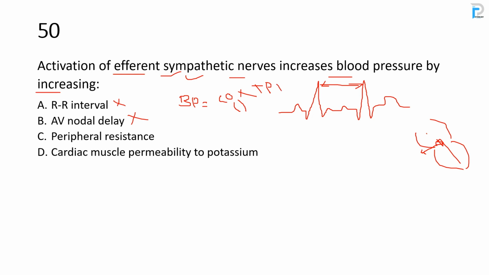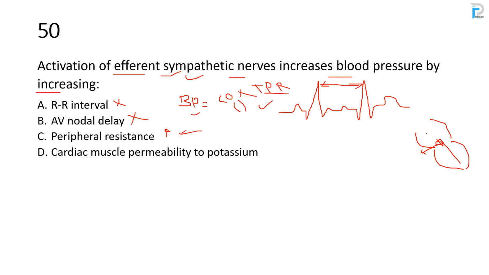Total peripheral resistance changes based on the diameter of the blood vessels. If there is vasoconstriction, that increases the resistance. That is the most important factor which determines peripheral resistance. As sympathetic causes vasoconstriction, it increases peripheral resistance, and that increases blood pressure. So the correct answer here is C.